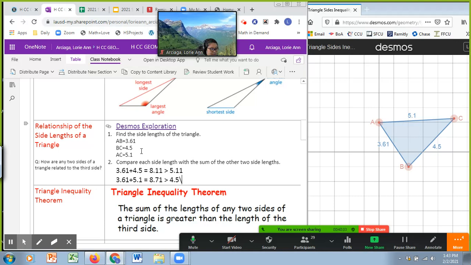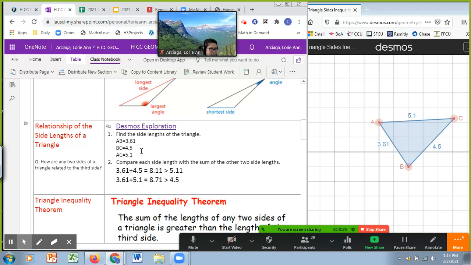Ooh, one last. I did the first two, I did the first and the last, so now I have to do the last two. So 4.5 plus 5.1 equals, that's greater than, what did I not add?